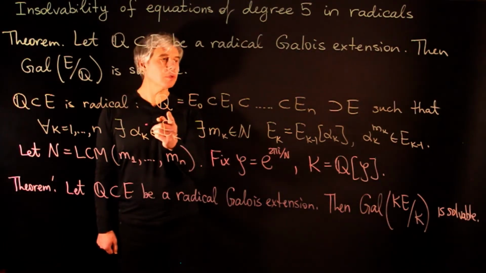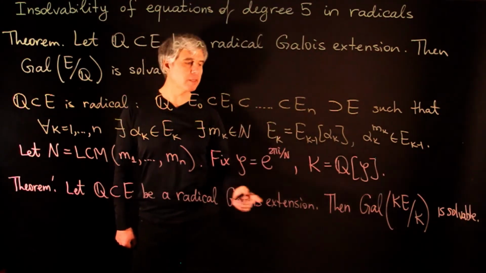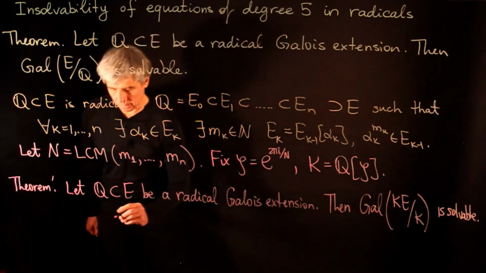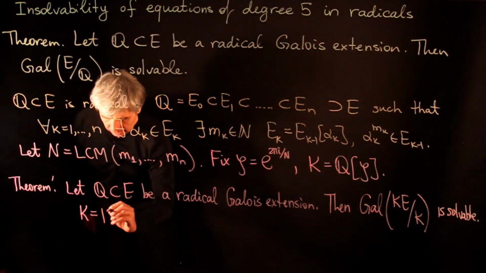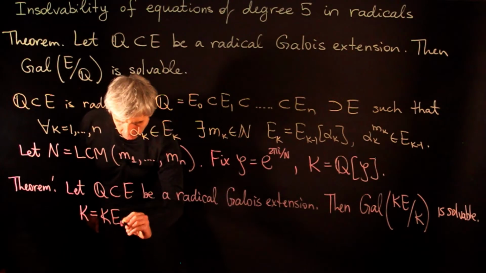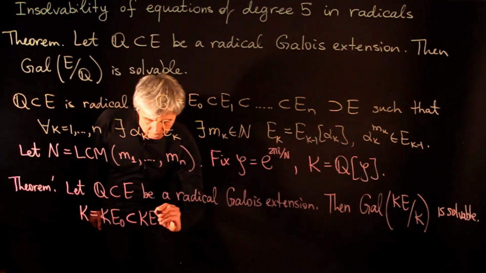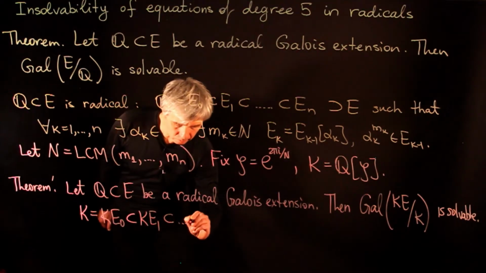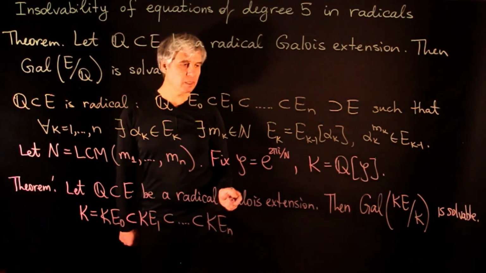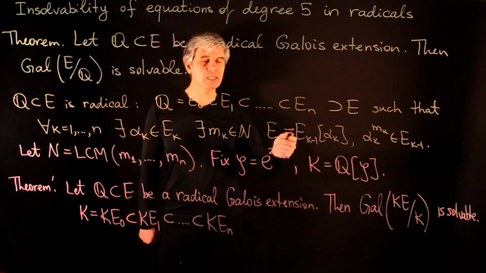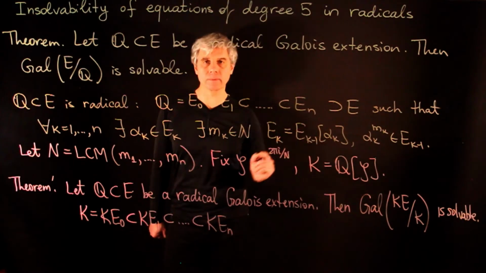What we are going to do is multiply each term in this chain by the cyclotomic field K. And then we will get that K, which is K E0, sits inside K E1, and so on, will sit inside K En. Still, each step of this extension is obtained by adjoining one mth root.